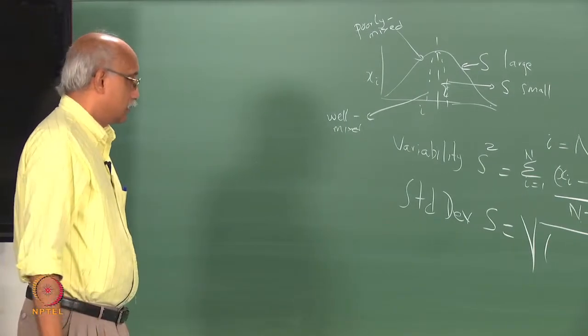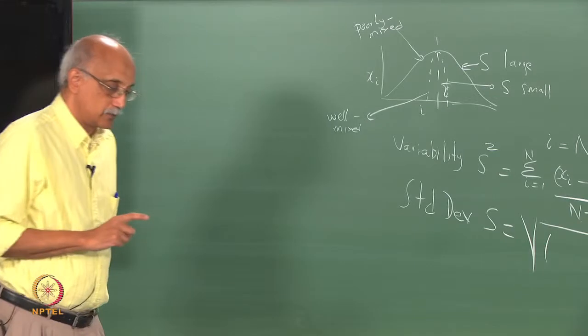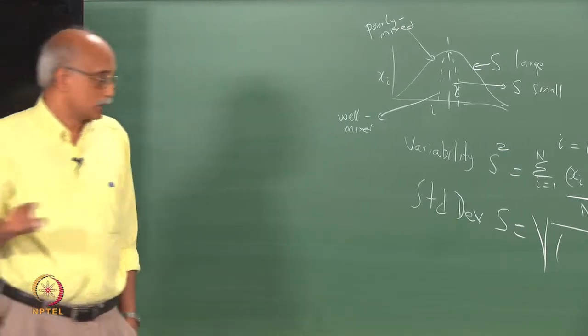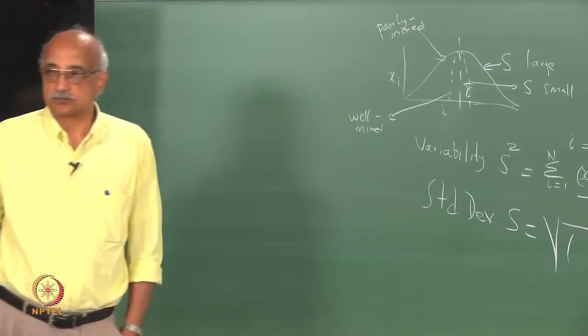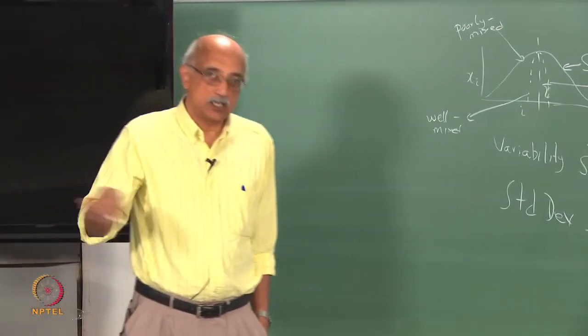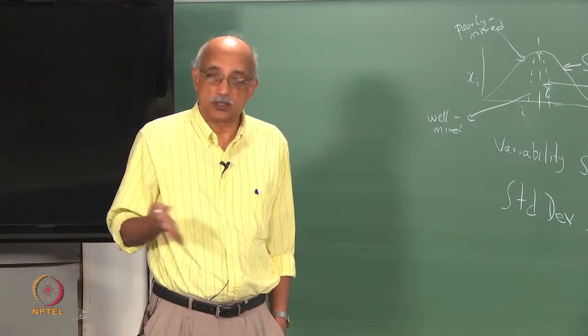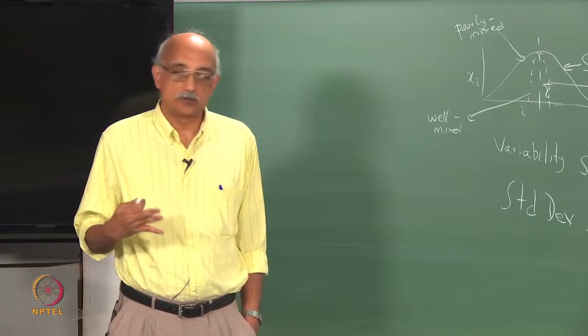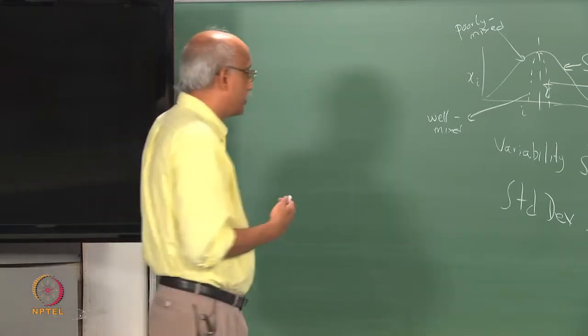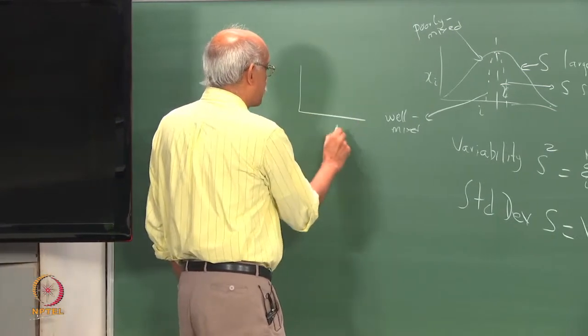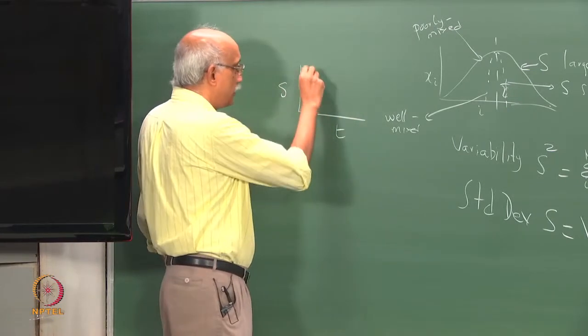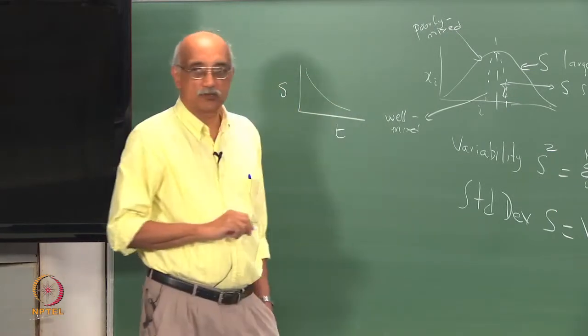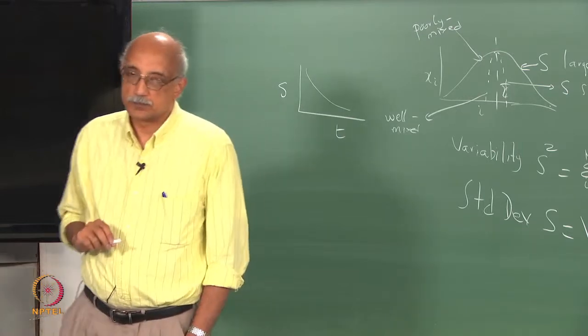Now, the value of S at time equal to 0 will be maximum, and then it will slowly decrease as mixing happens. Hopefully, if your mixing process is effective, then the value of S, if you plot that as a function of t, should decrease and reach some kind of an asymptotic value.